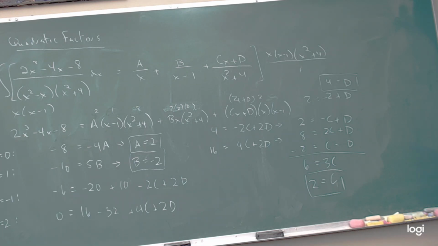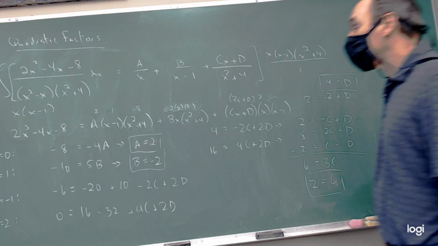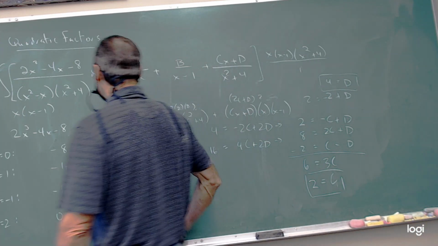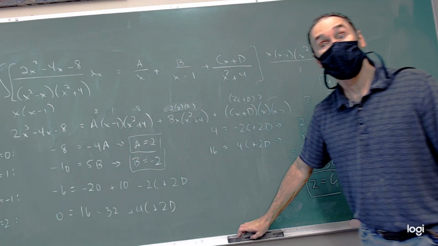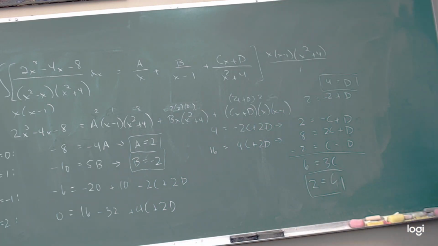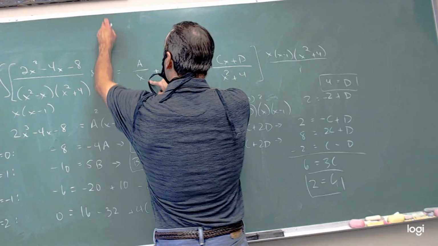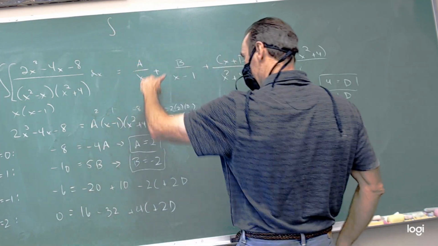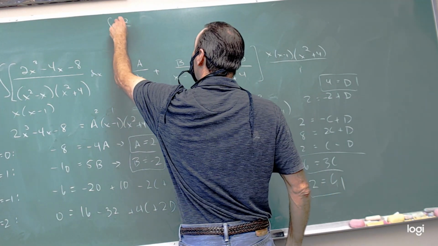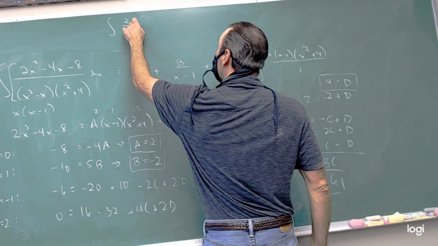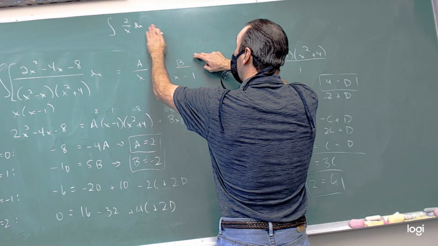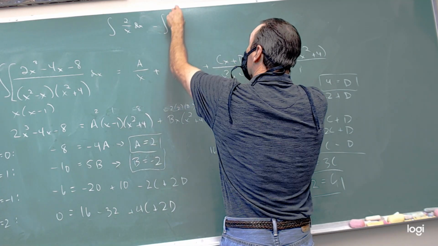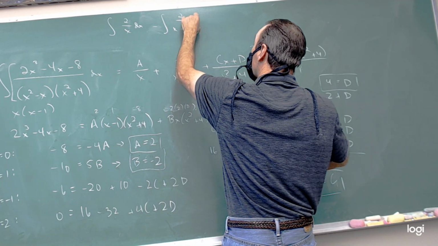Now, unlike what we did before, now we got to actually do the integral. So now we're saying is this integral. Yeah, I know, this is like where all this work and I still have to do more. So now it becomes the integral of A, which we said was 2 over X, plus the B, we said I'll go minus the integral of 2 over X minus 1.